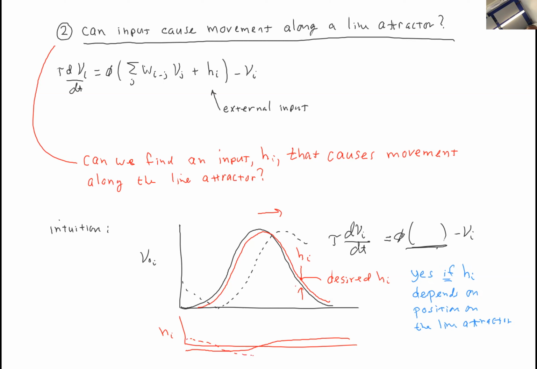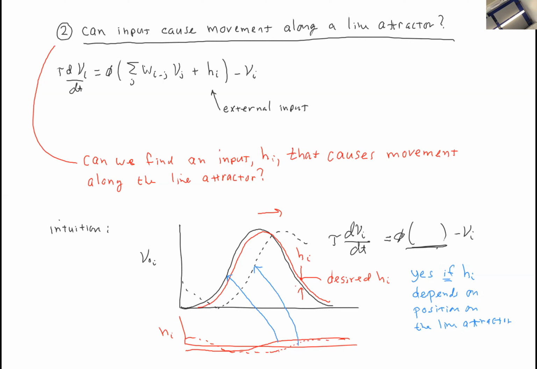So the h_i would have gone like this. It would have peaked over here. So the red curve is the h_i corresponding to this position on the line attractor, and the dashed line corresponds to this.